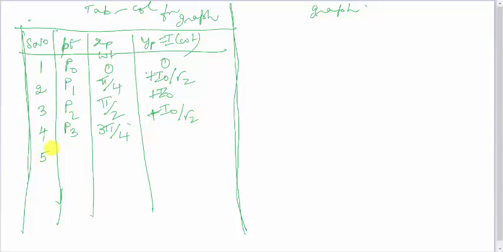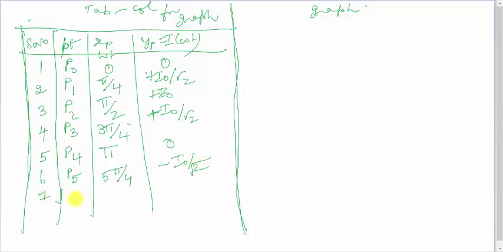The fifth will be P4, it will be pi, it will be 0. The sixth will be point P5, it will be 5 pi by 4, it will be minus I naught by root 2.